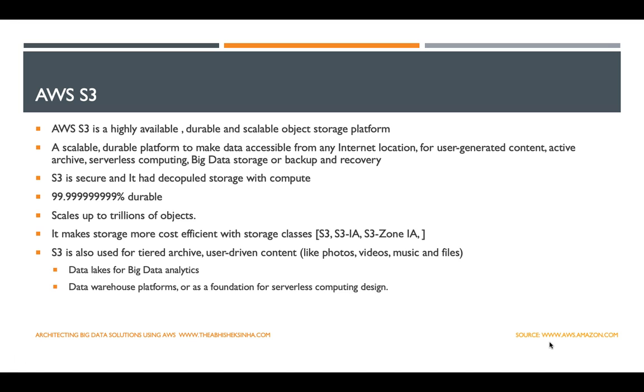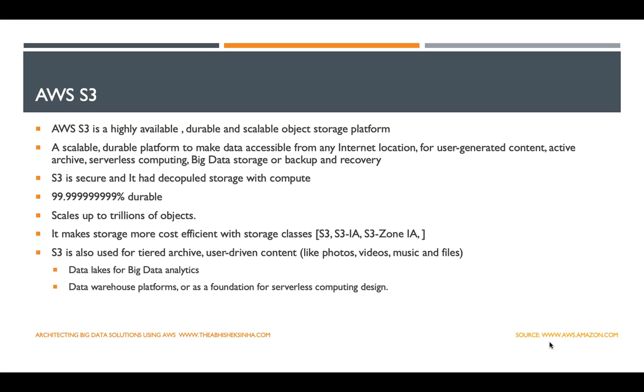If we talk about the storage classes that it offers, there is S3 Standard, then S3 IA, which is infrequent access, then S3 One Zone infrequent access, and there are lots of pricing variations between these storage classes.